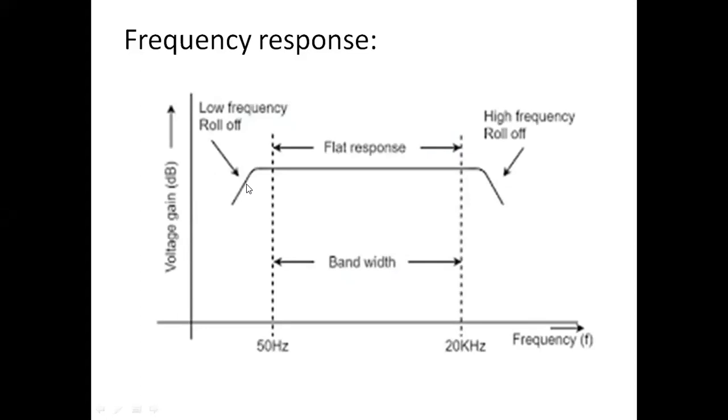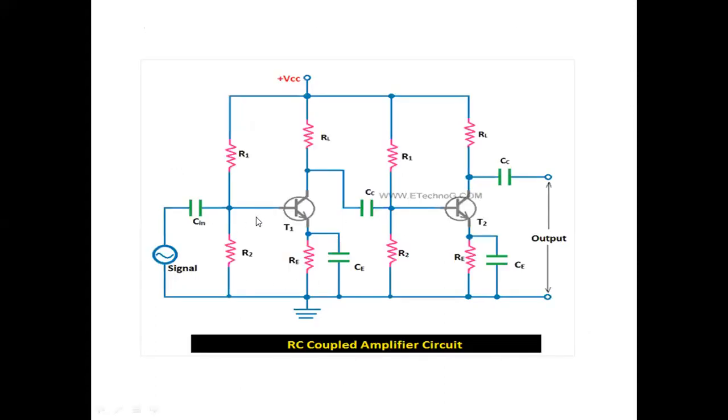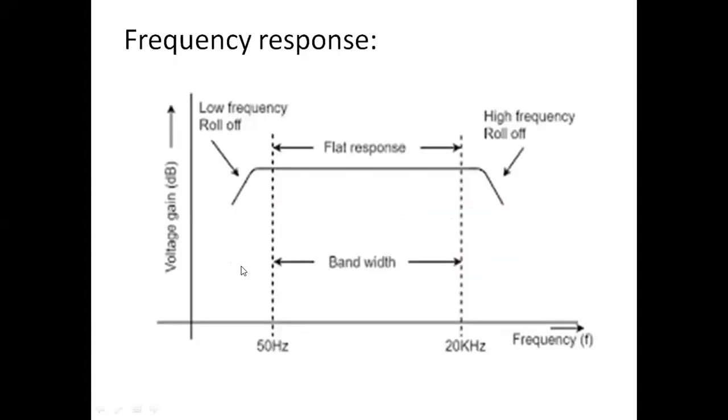Why does the frequency response drop at lower and higher frequencies? At lower frequencies, the frequency response drops because of the coupling capacitors. That means we have coupling capacitors at each and every stage, so because of all these coupling capacitors, we have lower gain at the lower frequencies. Whereas at higher frequencies, the gain is reduced because of the stray capacitances.